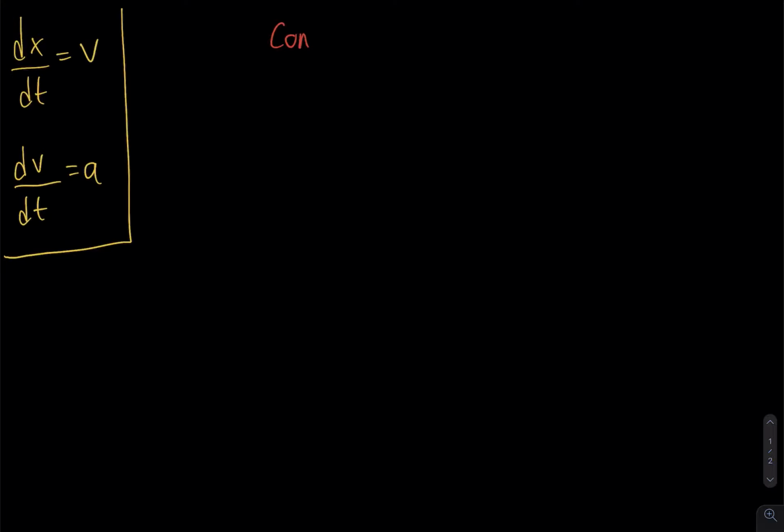So I'll go ahead and write that, constant acceleration. If the acceleration itself depended on time, if the acceleration was changing with time, then those four equations that we derived would not be valid anymore. So we have constant acceleration, and we're just going to start with a. So this is our acceleration, and it is a constant, whatever it may be.